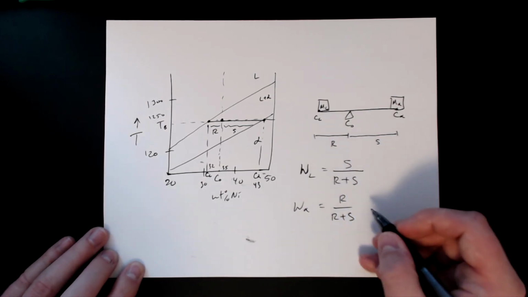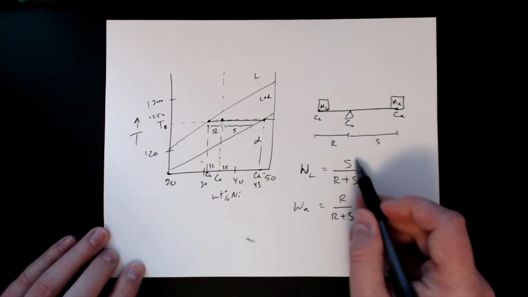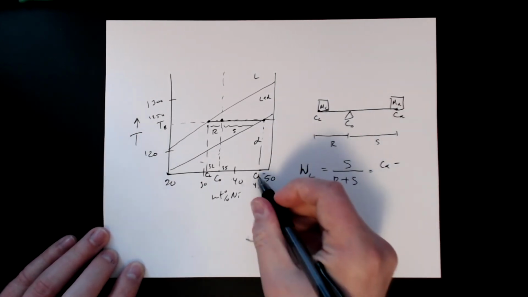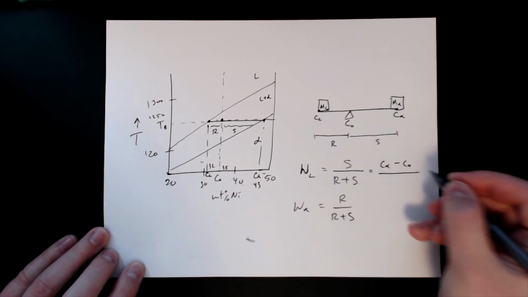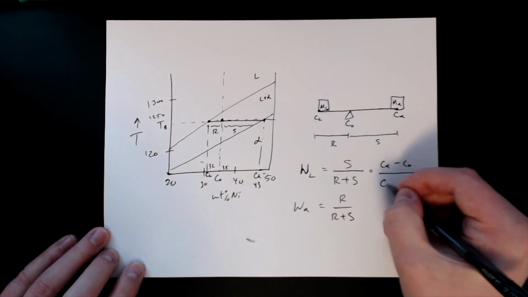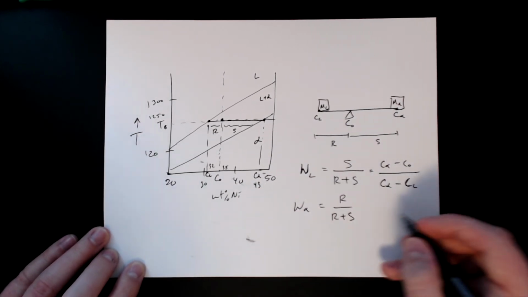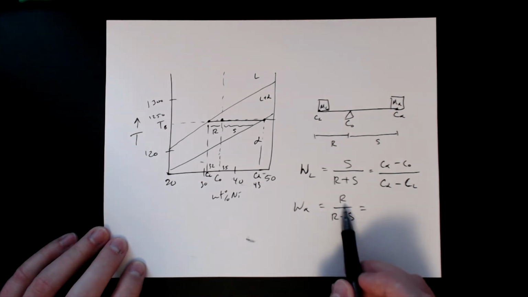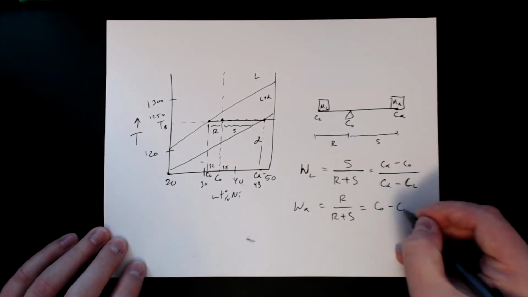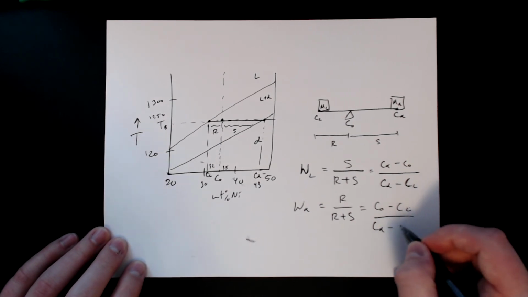The quantity S is going to be C alpha minus C naught. Then the total length is from here to here, so C alpha minus C_L. And R is going to be from this point to this point, so C naught minus C liquid, over the same length, C alpha minus C_L.